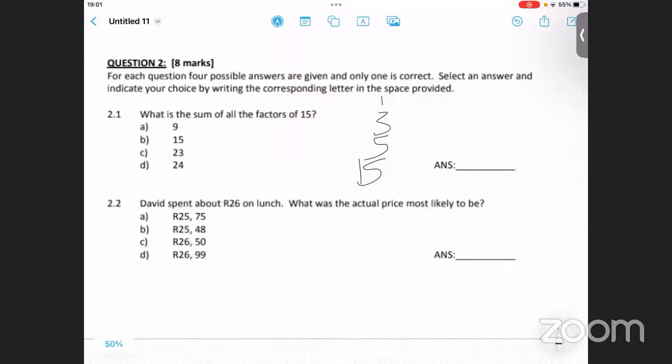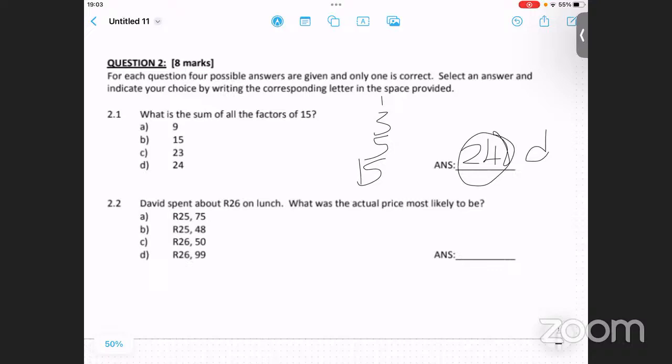Then let's look at 2.2. David spent about 26 rands on lunch. What was the actual price most likely to be? Is it A, is it B, is it C, is it D? I think it's A, ma'am. And why do you think it's A?